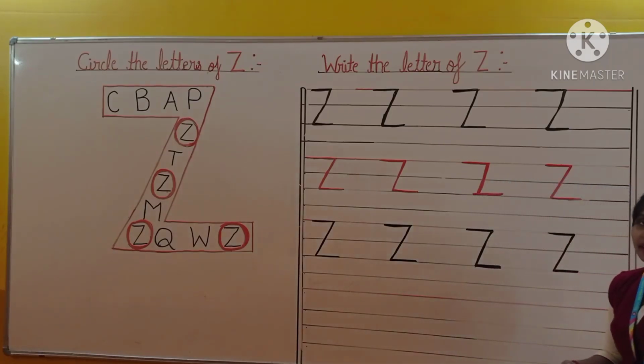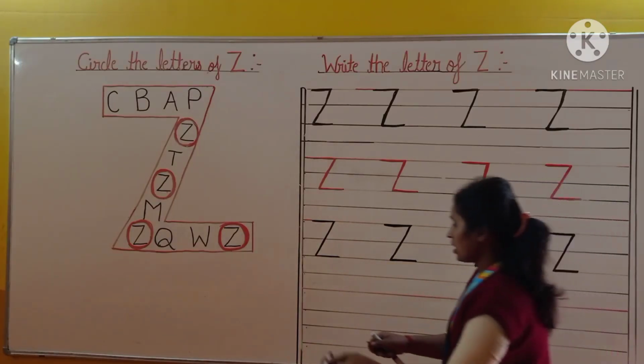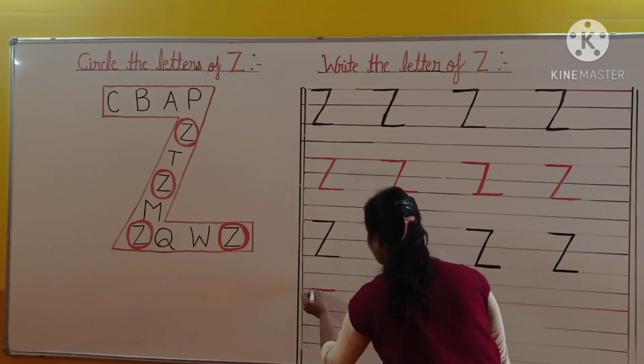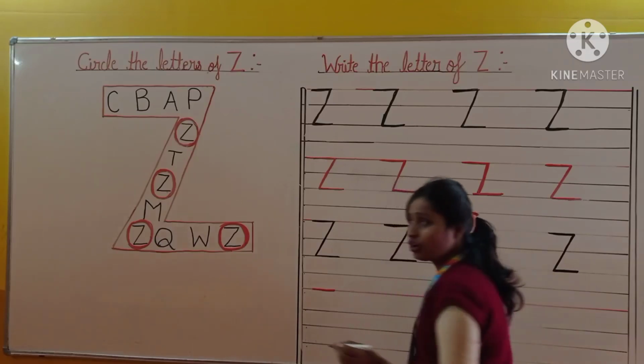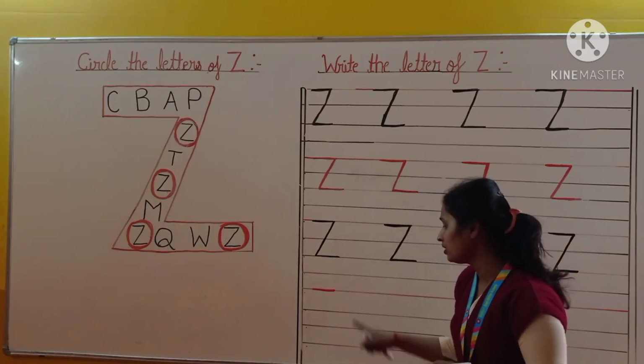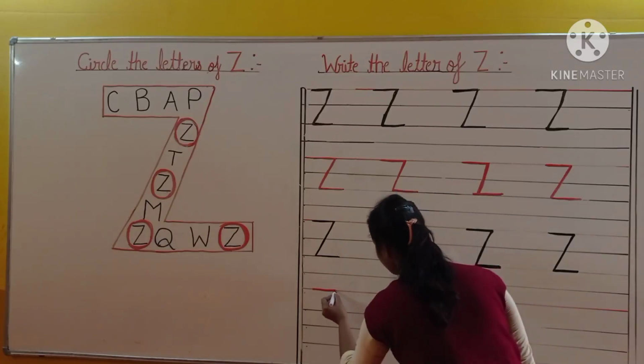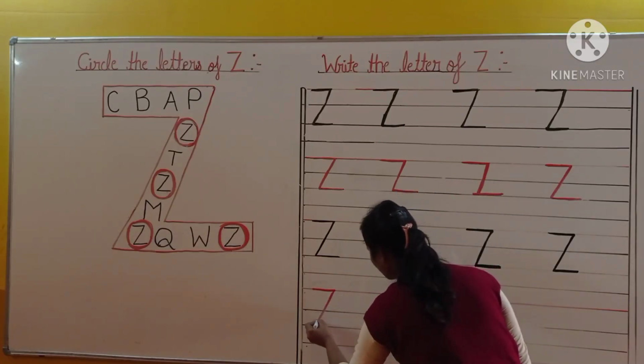Your next line. Start from the dot, draw a sleeping line, then slanting line down.